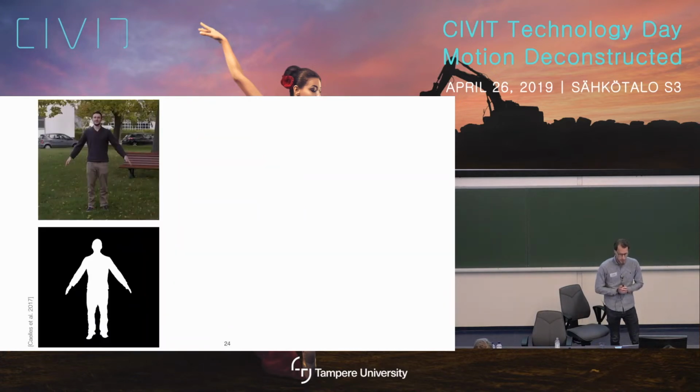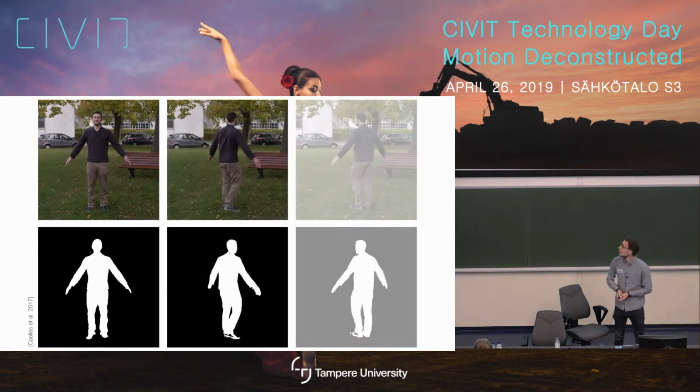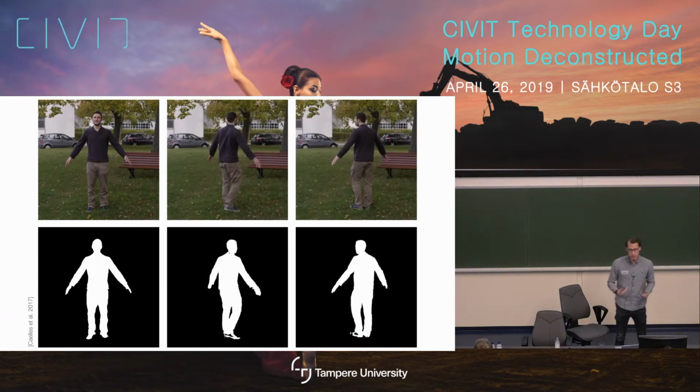However, as you saw in the video before, we have a little problem. Our subjects are moving in the sequence. So we have not just one shape, but a lot. We use in this work 120 frames, so we have 120 unique shapes.